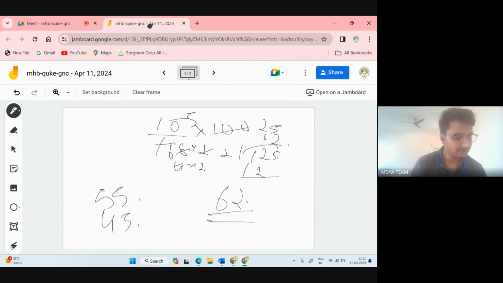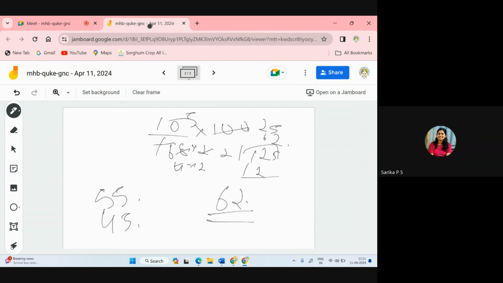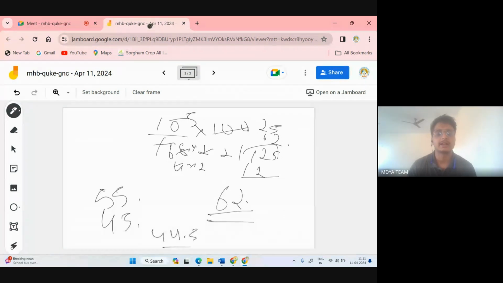Is anyone not in agreement with this solution? Okay, everyone got the same number. 54.5. 44.5. Oh, I think then it's a calculation error only. Okay, we will solve it anyway. Just a minute.